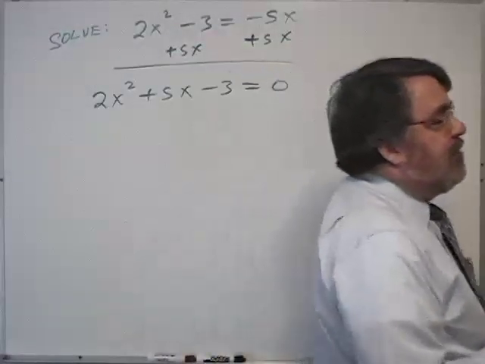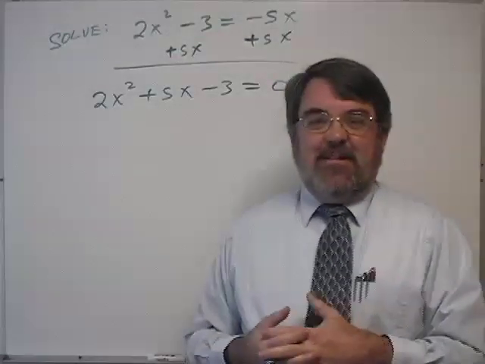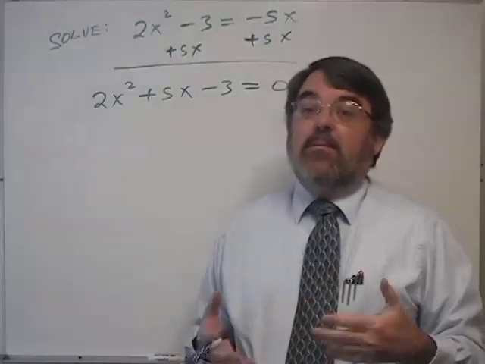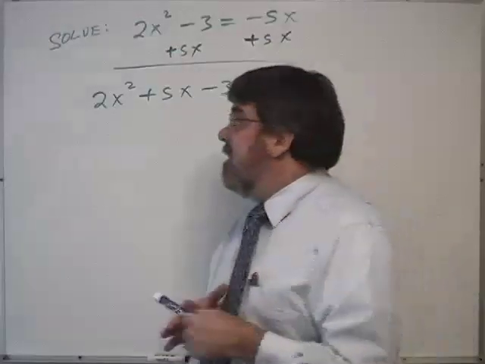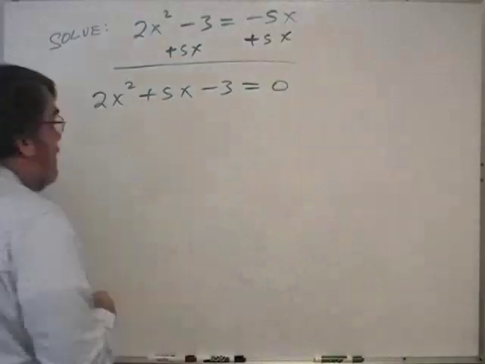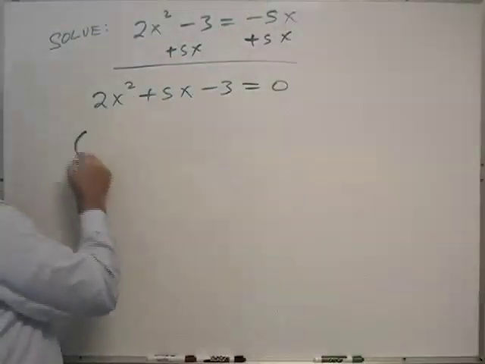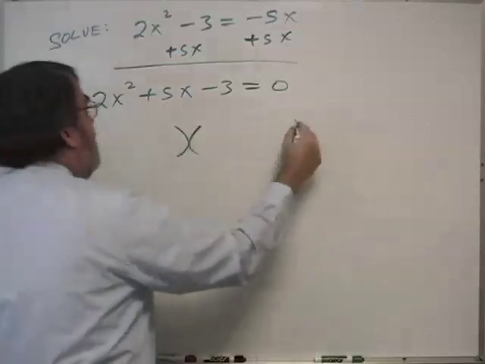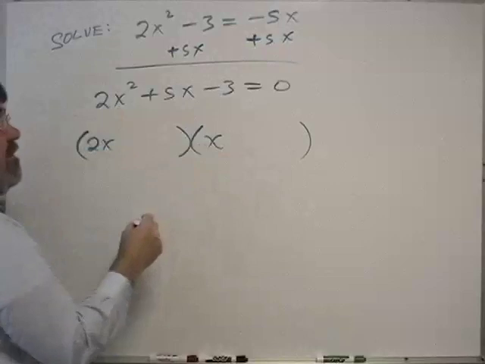It equals 0. Well, it turns out that our technique of solving this, when possible, is to try to solve it by factoring. So can we factor this polynomial? Of course, I made up the problem, so it should factor. Let's see. In order to get 2x squared, I need 2x times x.